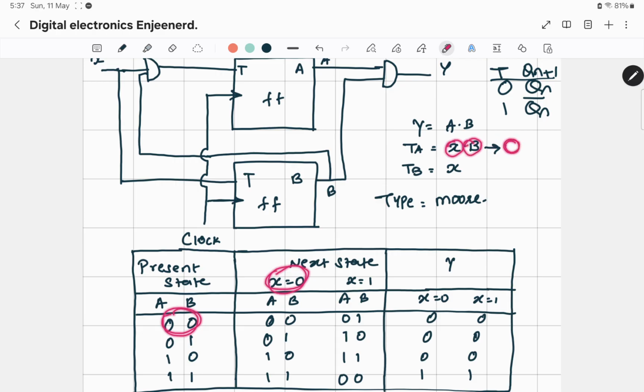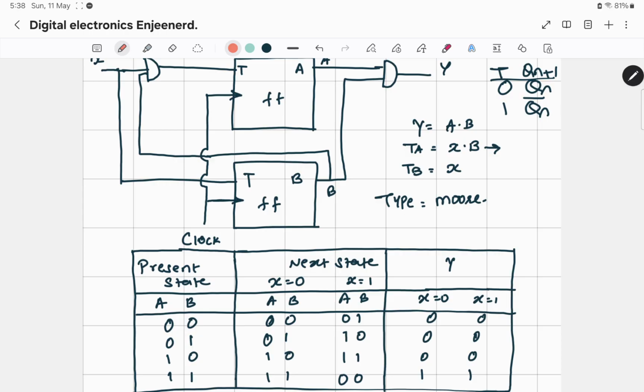TA will give me 0, which means the input to the TA flip-flop is 0. Since it is 0, my output remains in the previous state, which is 0. Because X is also 0 here, TB is also 0. So for 0, my output will remain in the previous state. So 0 0 will remain as 0 0.